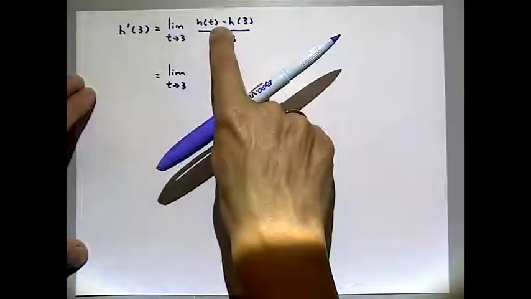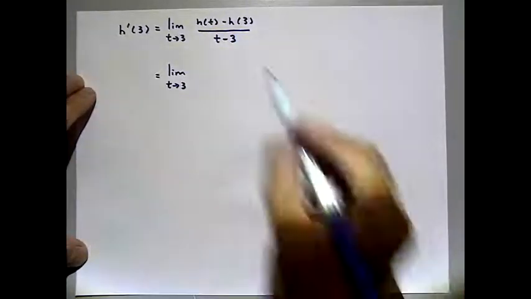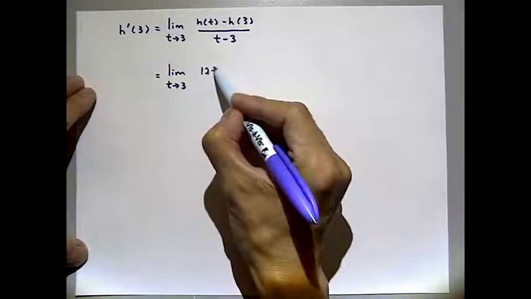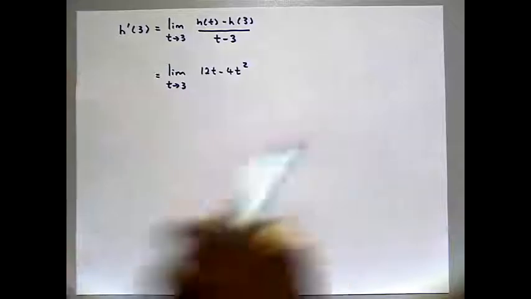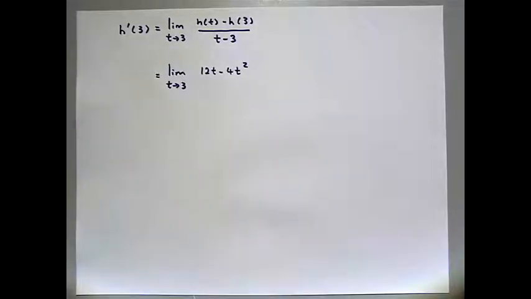h of t is simply the formula I started with, 12t minus 4t squared. What's h of 3? Should take no time to calculate. Think about the physical meaning of h of 3. 0, yeah. 3 is when it hits the ground, right?